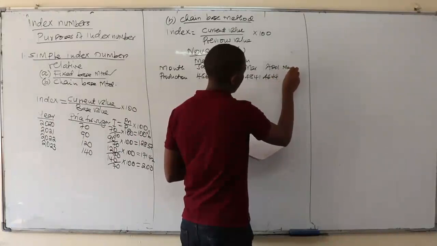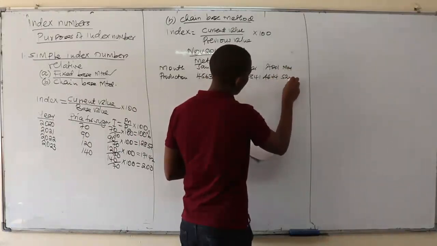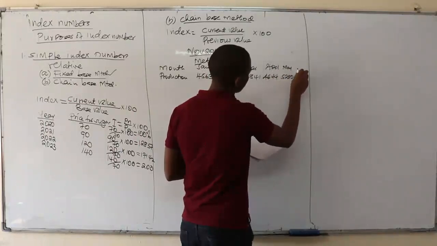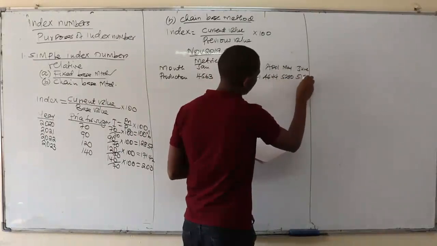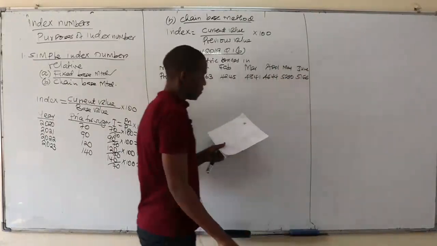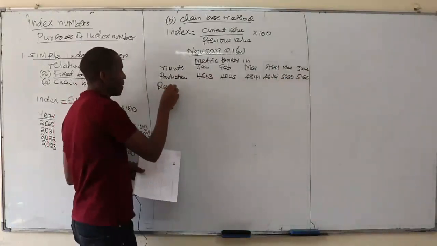May, we have 5290. And in June, we have 5166.